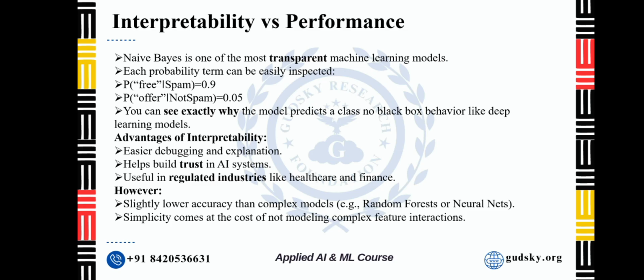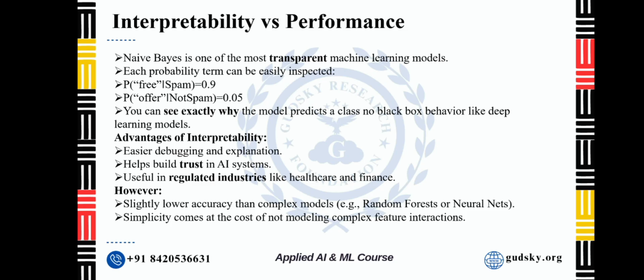Let me take a quick example. The model can tell you P(free | spam) = 0.9 and P(offer | not spam) = 0.05. You can literally see why the model is predicting spam, because the word "free" has a very strong association with that class.